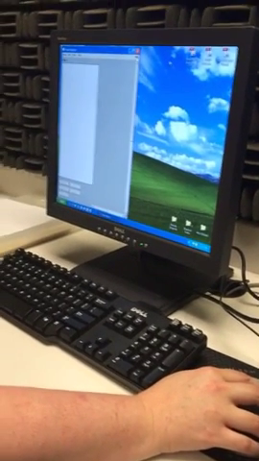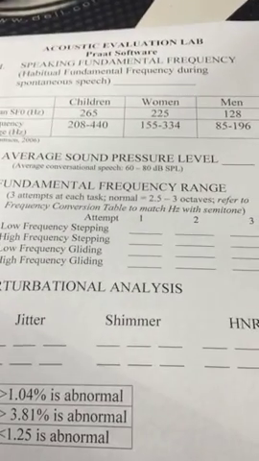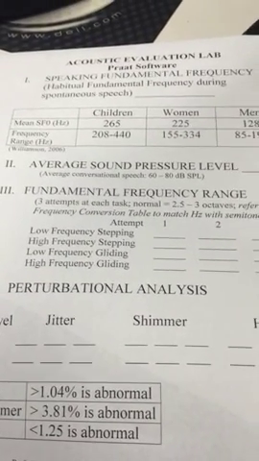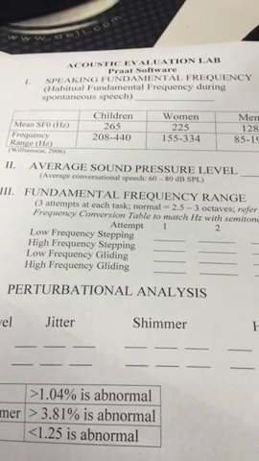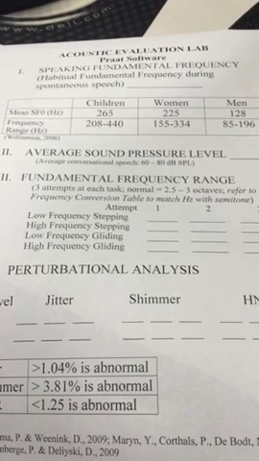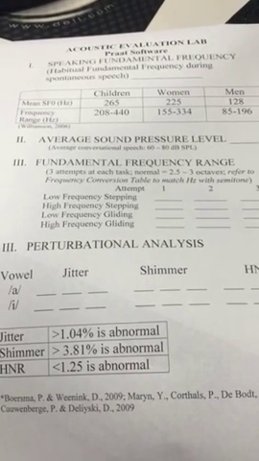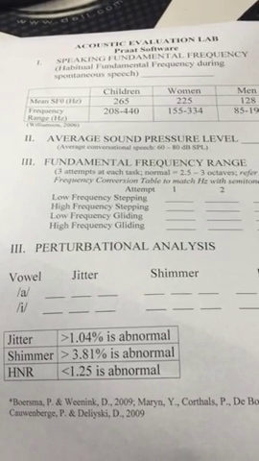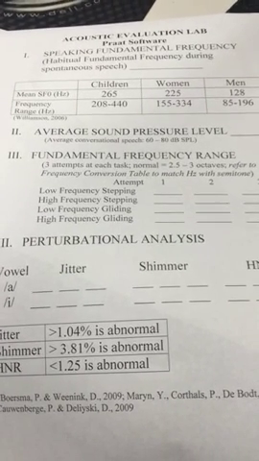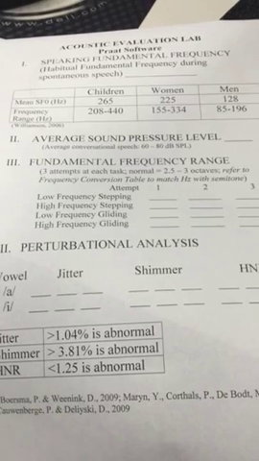I want to draw your attention first to your lab worksheet, which I have uploaded here. You can see that it starts with the speaking fundamental frequency, and then the second piece is the average sound pressure level, the third being the fundamental frequency range, and the fourth is the perturbational analysis.